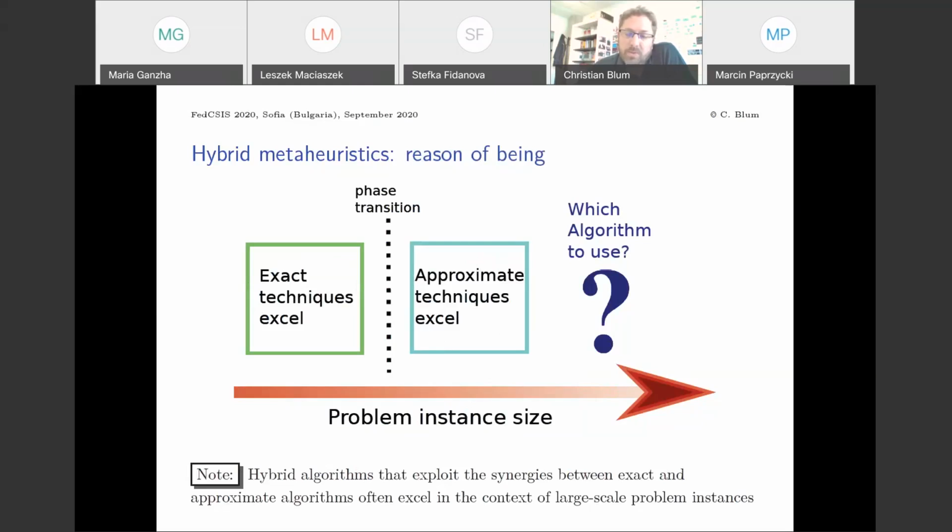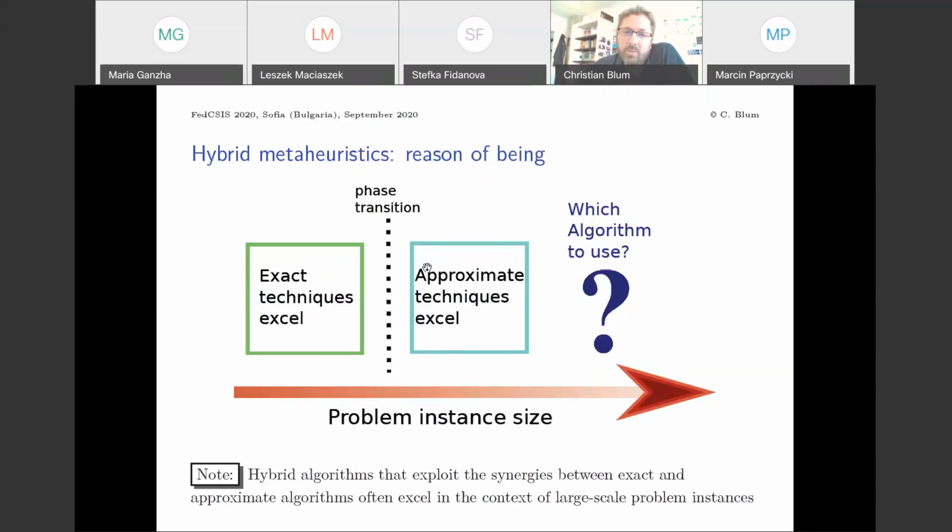The size of the problems they want to solve nowadays has nothing to do with the size of problems they wanted to solve 20 years ago. What usually happens is that exact techniques work very well for certain problem instance sizes, until you often reach a phase transition where they suddenly start to fail.